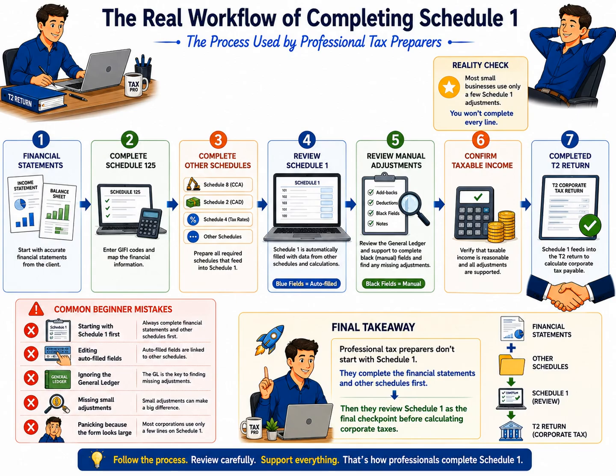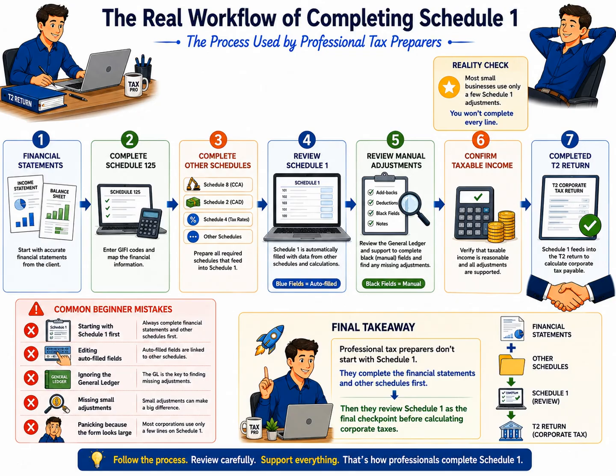Many beginners make the mistake of opening Schedule 1 first and trying to complete it before finishing the rest of the return. In practice, that's not how experienced tax preparers work. They prepare the financial statements, complete the supporting schedules, and then use Schedule 1 as the final reconciliation before calculating the corporation's taxes.